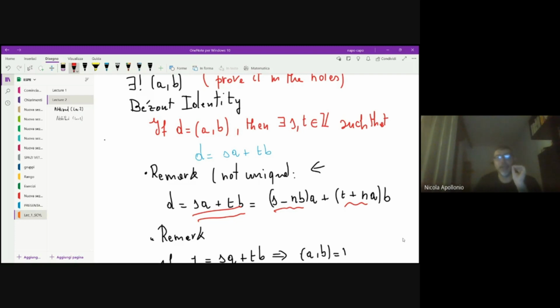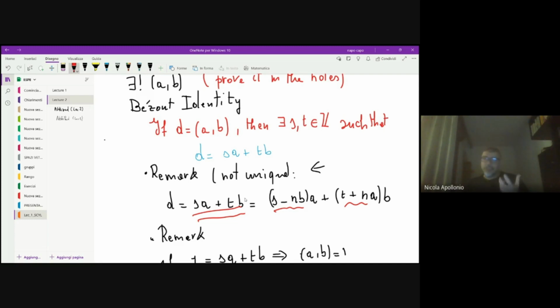especially when D is equal to 1, that is, when the greatest common divisor between A and B is 1, and in this case, the numbers are said to be coprime. When the numbers are coprime, they have no proper common divisor, since 1 divides everything; it is always a common divisor of every pair of integers.